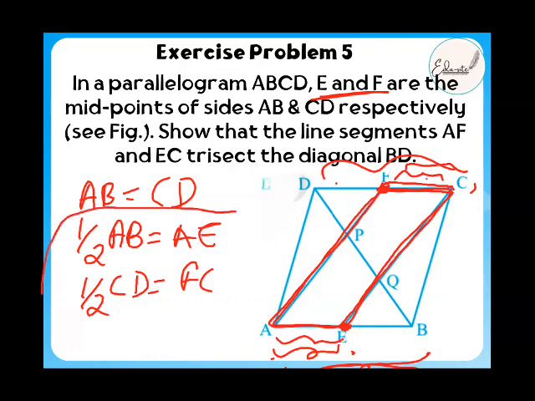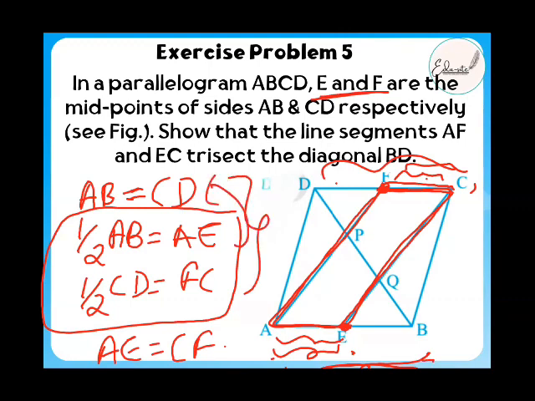Because AB is equal to CD, this whole AB is equal to whole CD. ये और ये equal है, इसका half भी equal है. So AE is equal to CF.